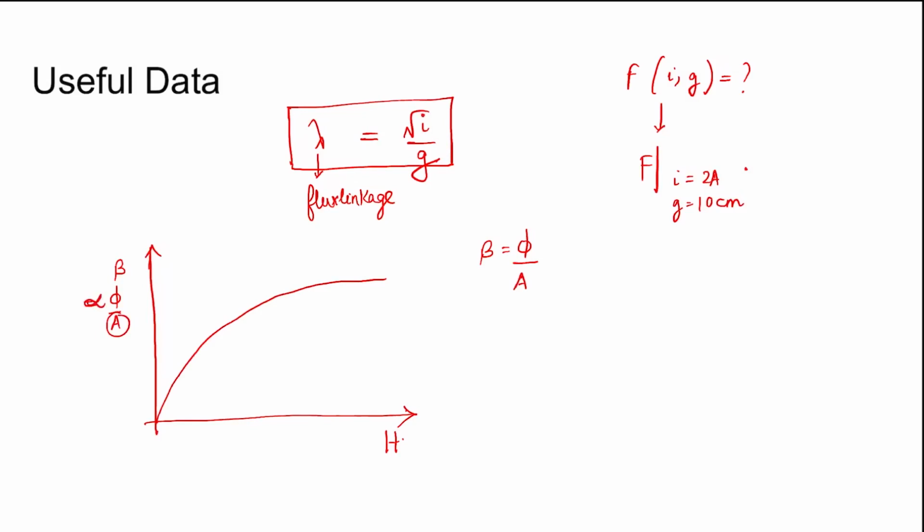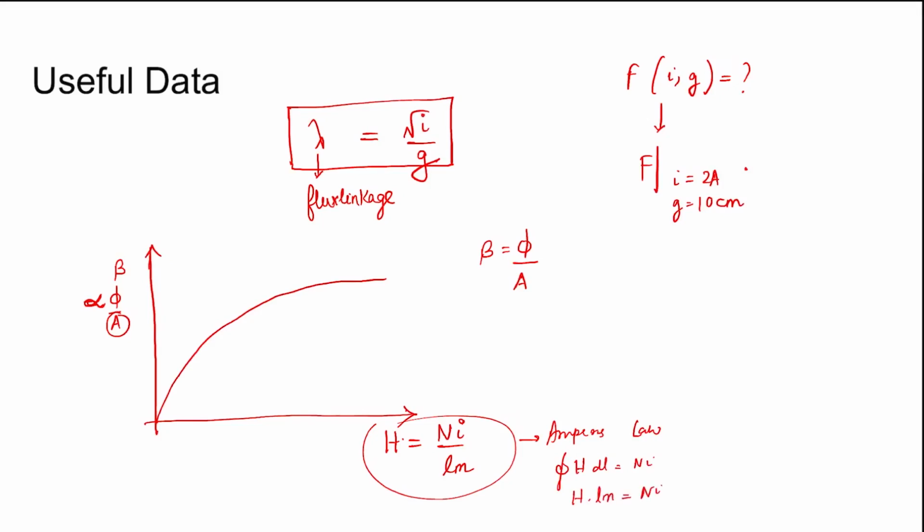So B is proportional to phi, and H is nothing but Ni by Lm, where N is number of turns, I is the current and Lm is the magnetic path length. This is coming from Ampere's law. How? Integral H dl equal to Ni, and H is constant, then times Lm is Ni, so H equal to Ni by Lm.